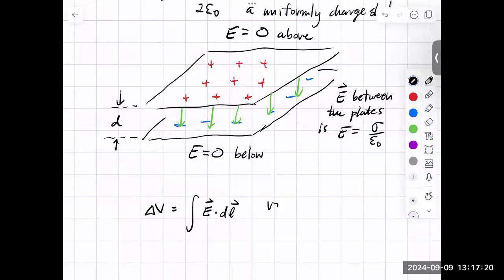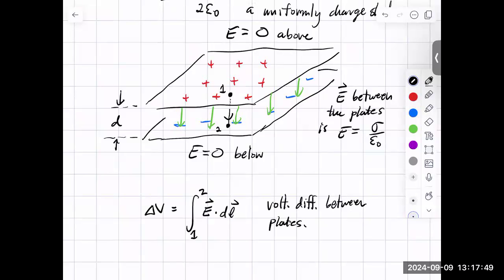So this is the voltage difference between the plates. I'm going to pick a path that starts at point 1, and then follow a path down to the bottom plate 2, in this direction from top to bottom.